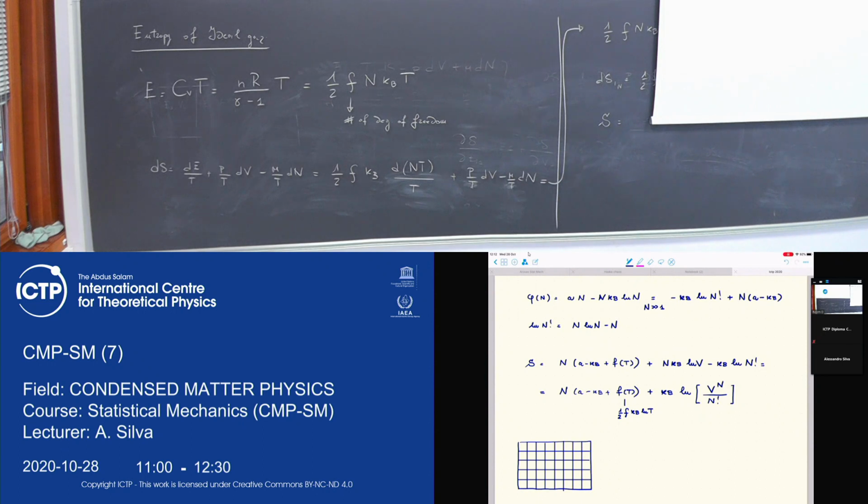Okay? And then the total number of cells I have is the volume divided by the volume of a cell. Let's call it V0. Right? So this is the number of cells.